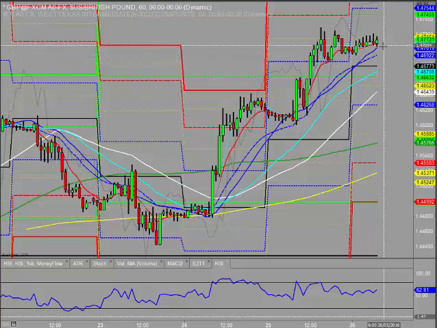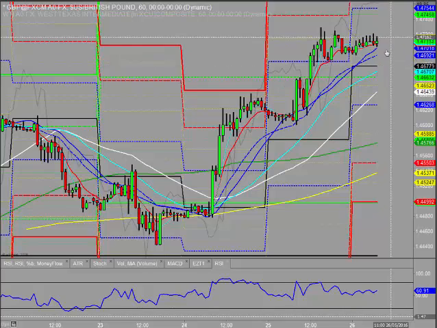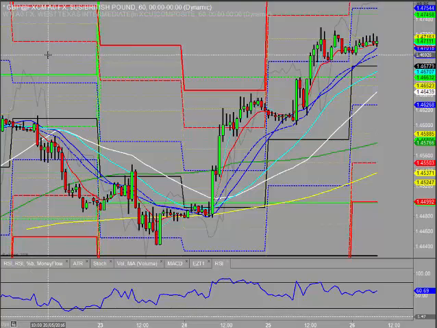Again, we've got the potential support of the 60-21s, sitting below us there. A break of those may well see us catch the daily pivot, which may just provide us a bounce opportunity. At the moment, it's looking relatively bullish there.